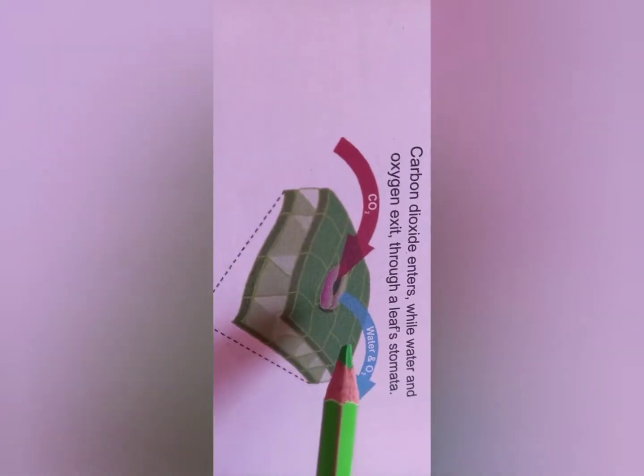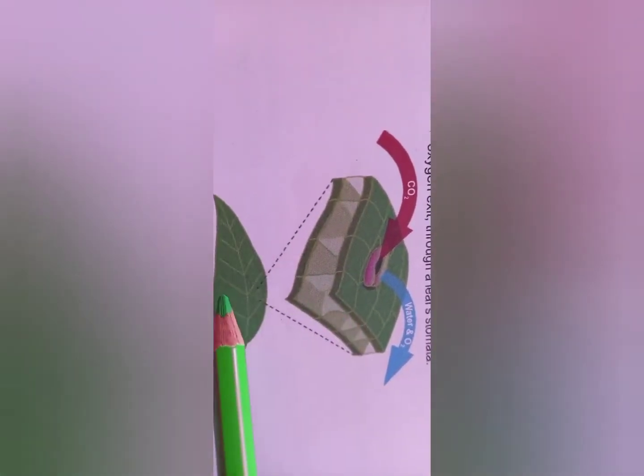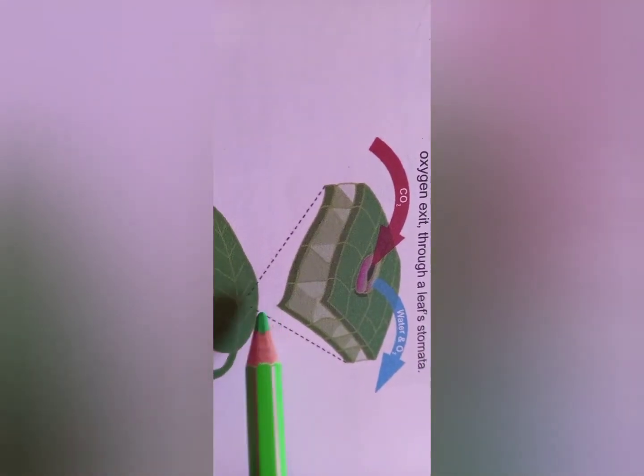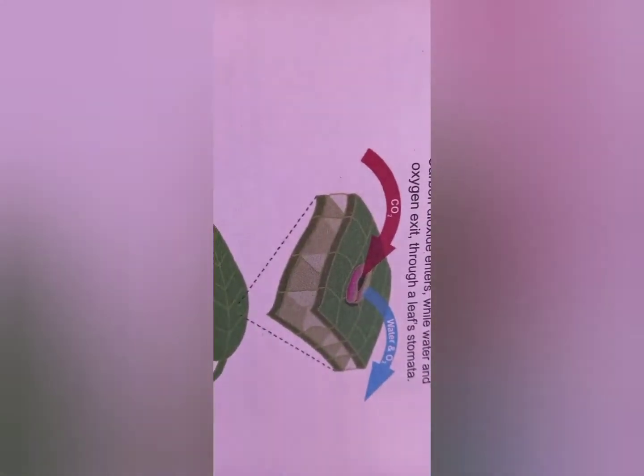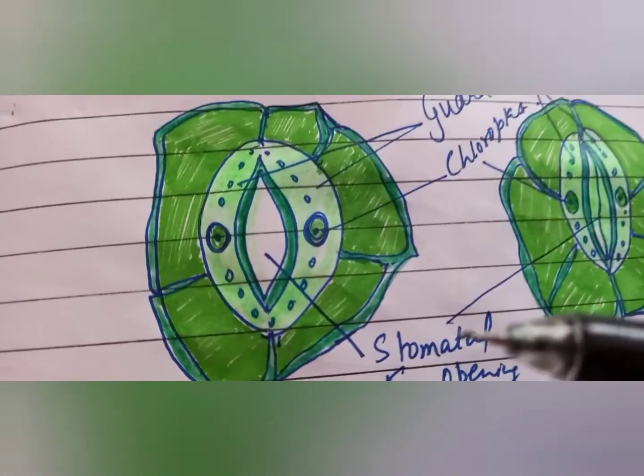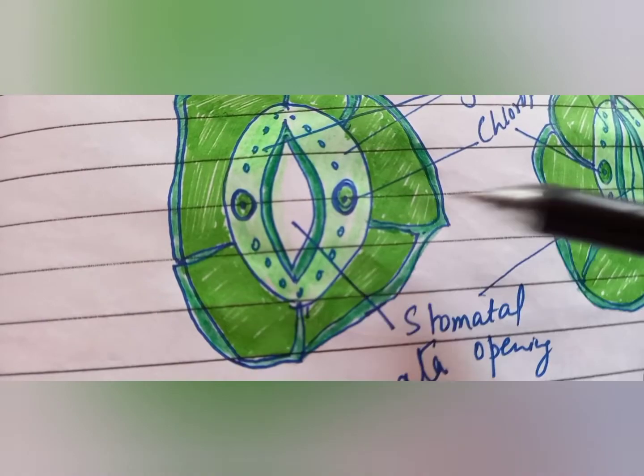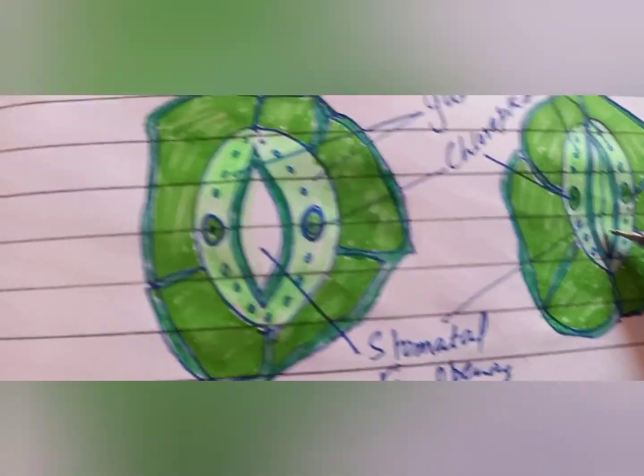Water vapor moves out during the transpiration process, and oxygen is released into the air during photosynthesis. This is present in the underside of the leaf mostly. When we make a diagram, this is the stomata when it is open, and this is the stomata when it is closed.